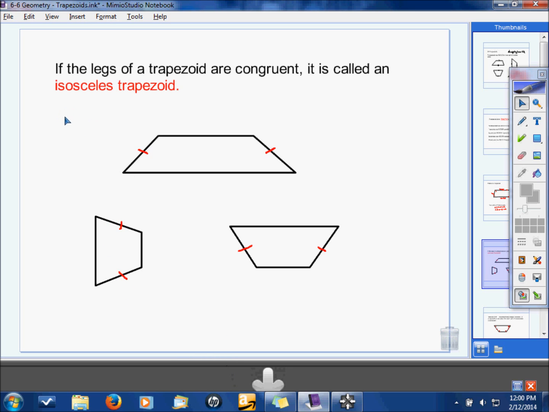Just like an isosceles triangle has two congruent sides, so does an isosceles trapezoid. And there are some very special traits about isosceles trapezoids that we need to learn about. So we're going to work our way through those things. So an isosceles trapezoid has two sides congruent.